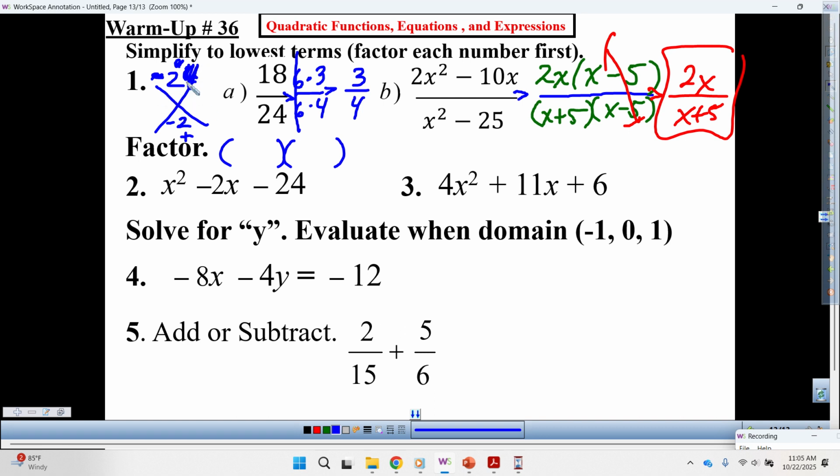What 2 numbers? Negative 6 and 4. So x minus 6, x plus 4. Hands up if you got that.